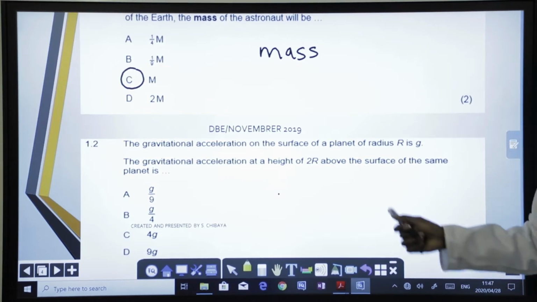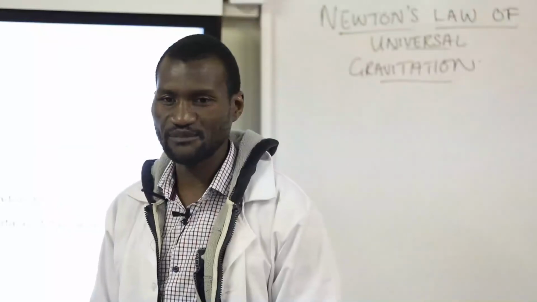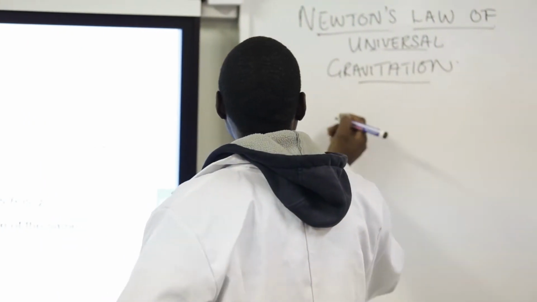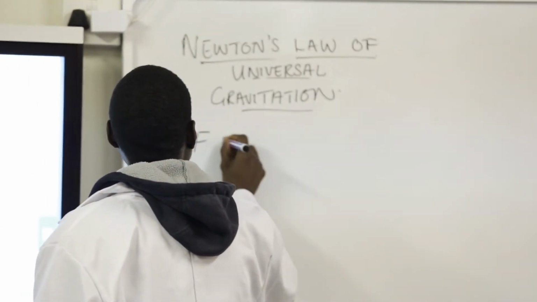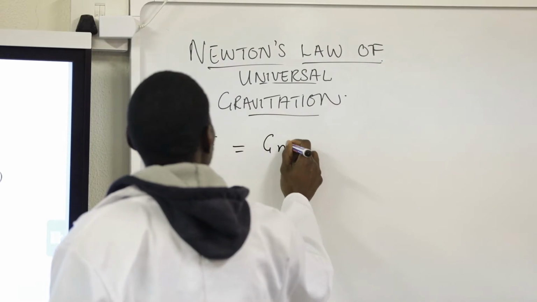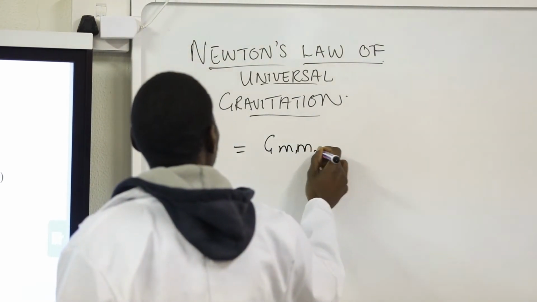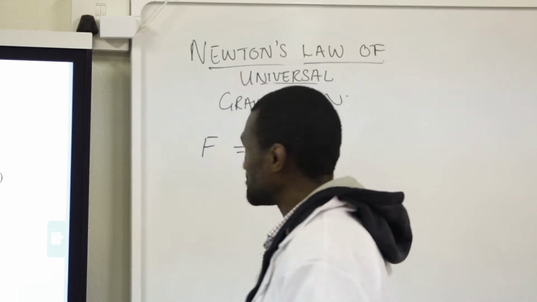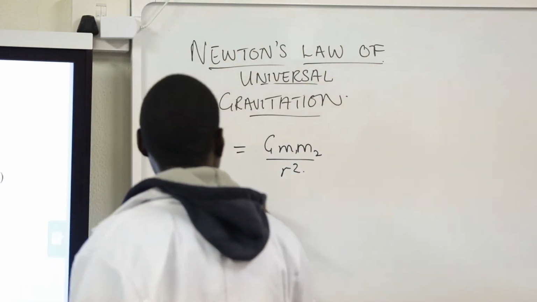How do we come up with the value of g? Let's talk about that a little. You know the equation that we gave earlier on that says F is equal to G m1 m2 over r squared, or distance squared between their centers.